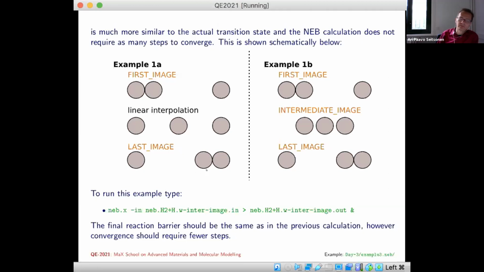So this would be the central image. It depends on how many images you will be using. You will have some intermediate images between the first image and the central one, and then the last image and the central one. So basically, you just interpolate between the first and the last one, and this image in the middle is just a consequence of this linear interpolation.